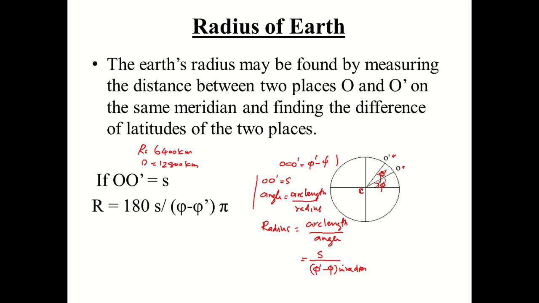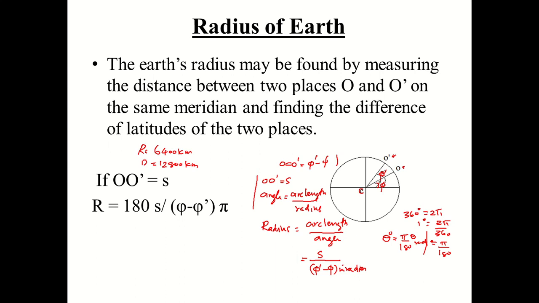To obtain the radian, if theta is the angle, then you know that 360 degrees is equal to 2 pi radians. So 1 degree will be 2 pi by 360, or pi by 180. So theta degrees will be pi by 180 into theta radians.